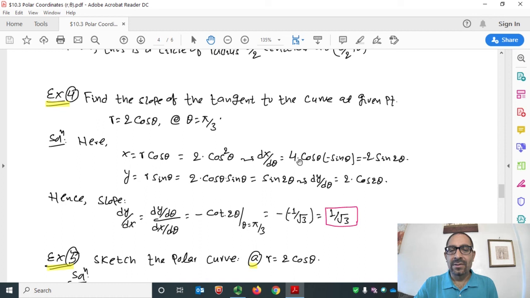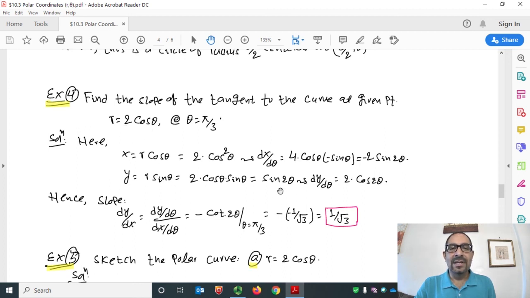So here we break down 4 into 2 times 2. Then one 2 together with sine theta cosine theta turns out to be sine 2 theta. That's another trig identity. The next, y equals r sine theta. So r is 2 cosine theta, so this becomes 2 times cosine theta sine theta.